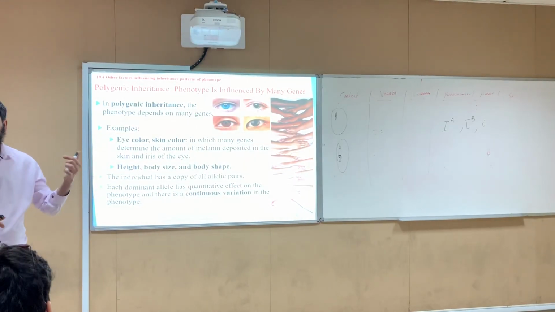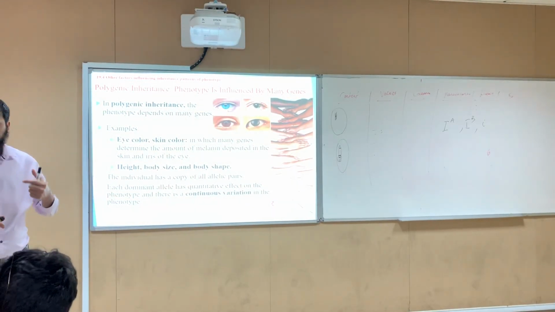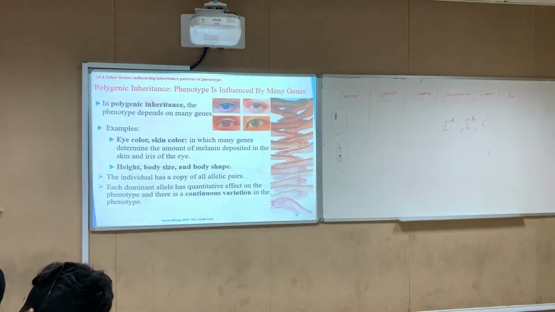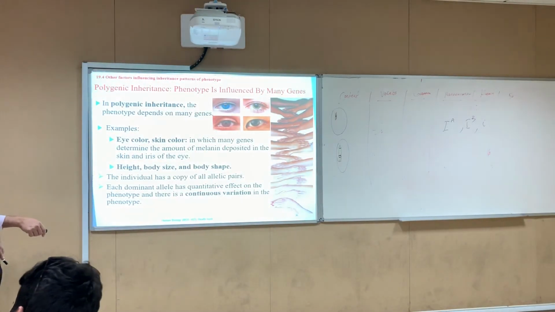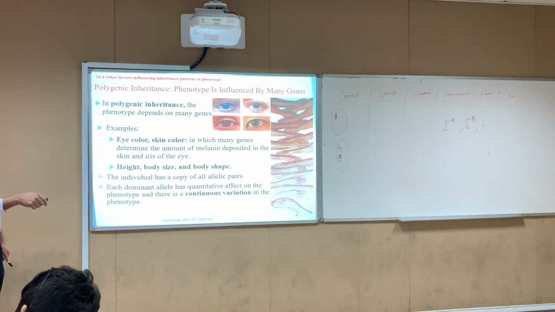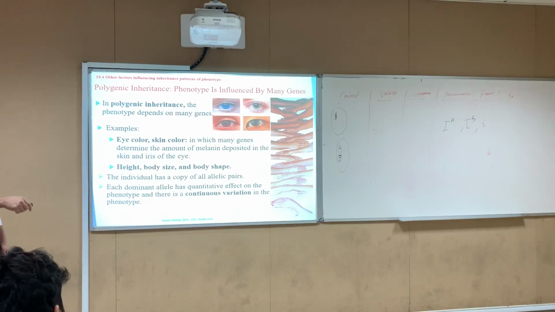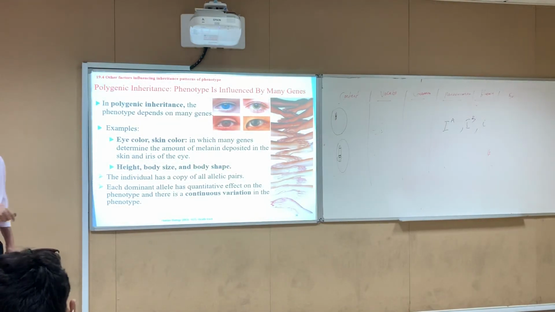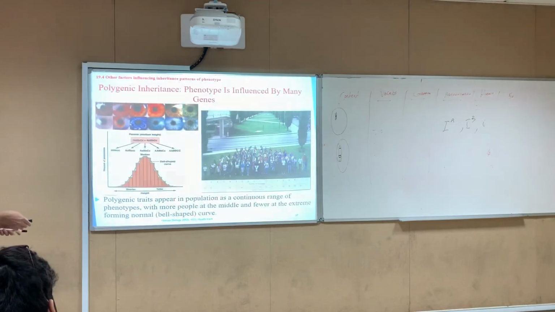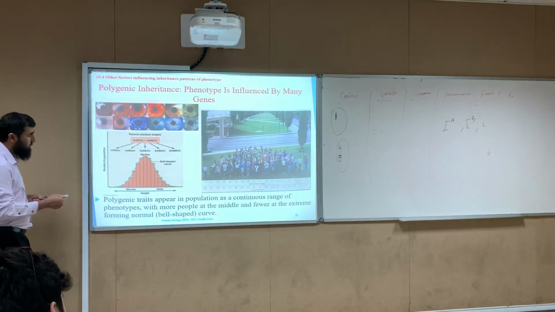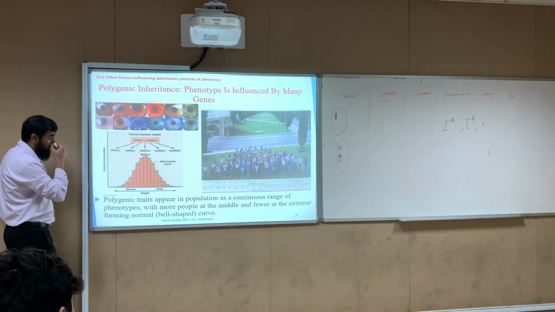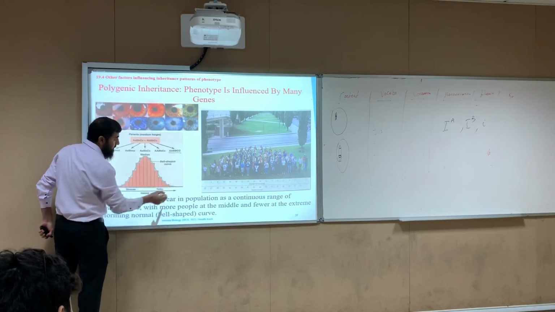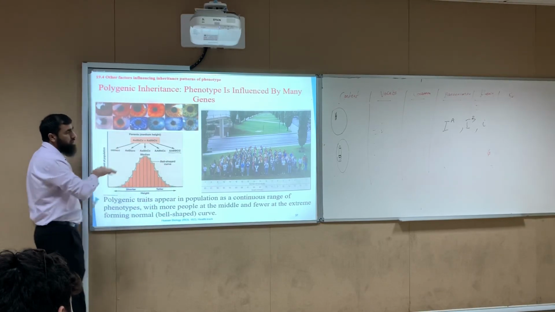Earlier we did curly and straight hair and saw incomplete dominance. Here, if you cross a white person with a dark-skinned person, you don't get either extreme; you get something in between. If you look here, this is actually for height.